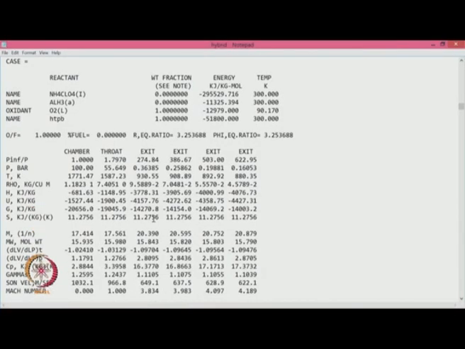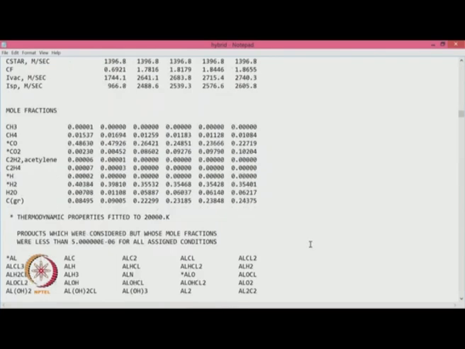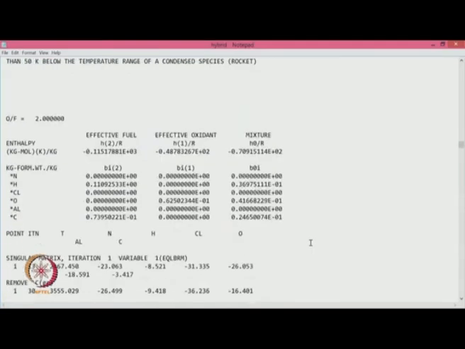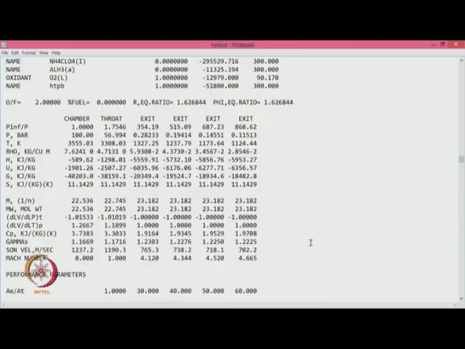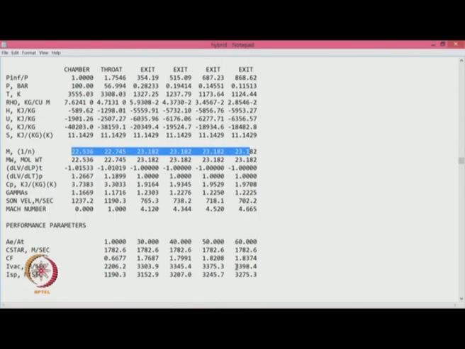We see that at O by F of 1, the temperatures are very low, and as a consequence you will get something like 260 seconds, or 274 seconds with vacuum ISP. Now, if you go to higher O by F, at 2 the temperatures increase and also the molecular weights increase, and as a consequence you will get something like 327 seconds sea level ISP and around 340 seconds vacuum ISP.